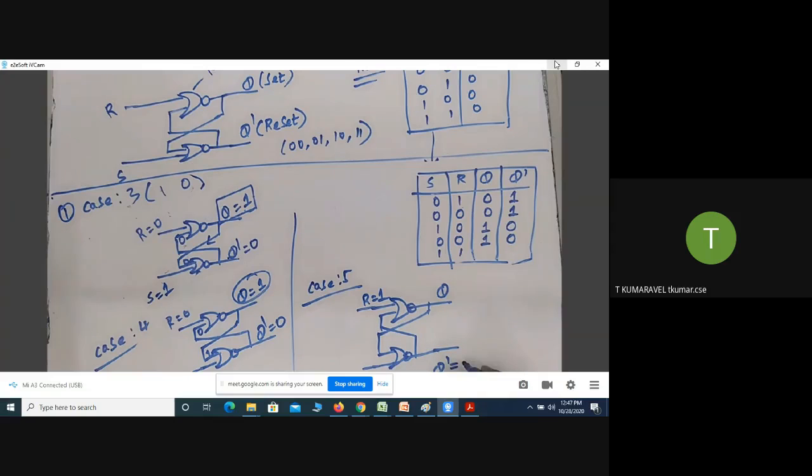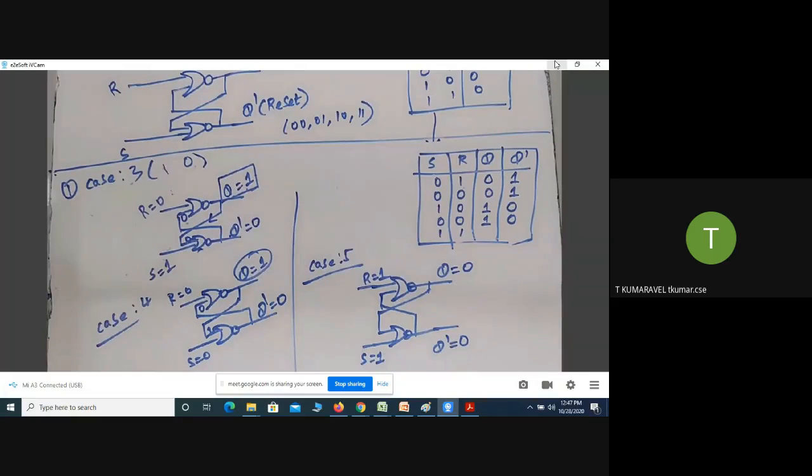Definitely this is a 0, this is also 0, and then Q dash is also 0.